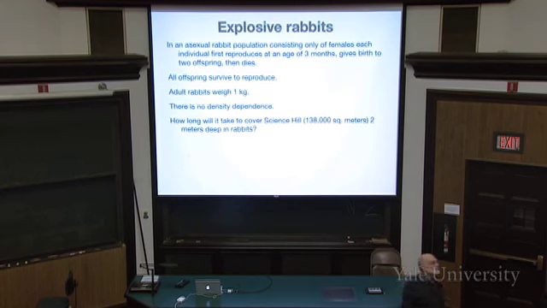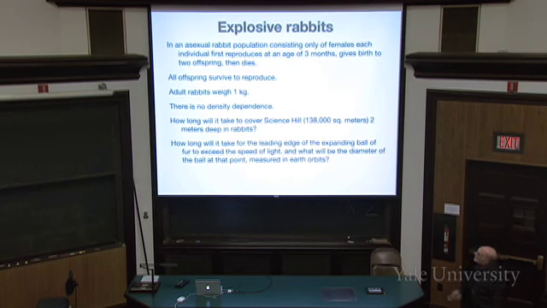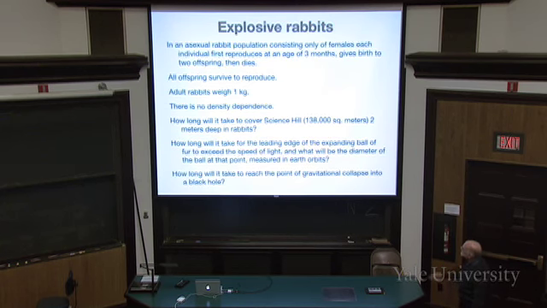But you can go farther than that, okay? How long will it take for the leading edge of the expanding ball of fur to exceed the speed of light, and what will be the diameter of the ball at that point measured in Earth orbits? I think the answer is roughly 750 years, and you're somewhere about the diameter of Jupiter. Okay? About, if I recall correctly, I did this once. And then you can ask, how long will it take to reach the point of gravitational collapse into a black hole?